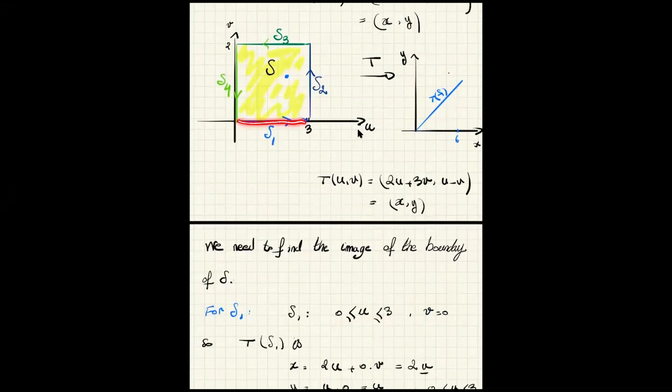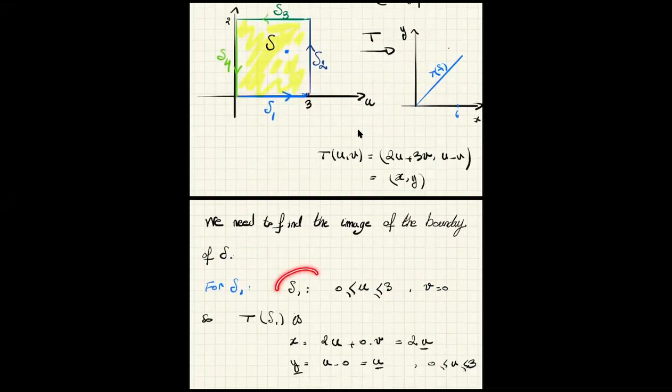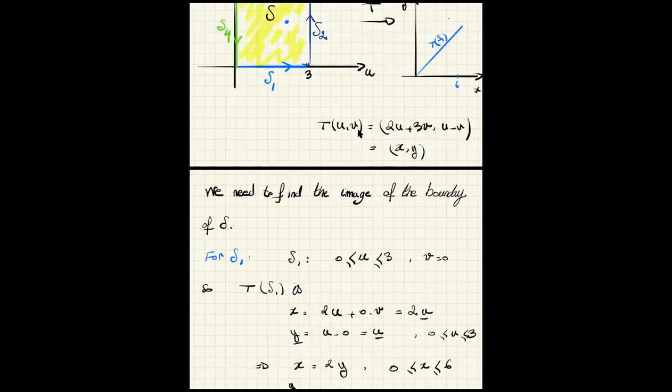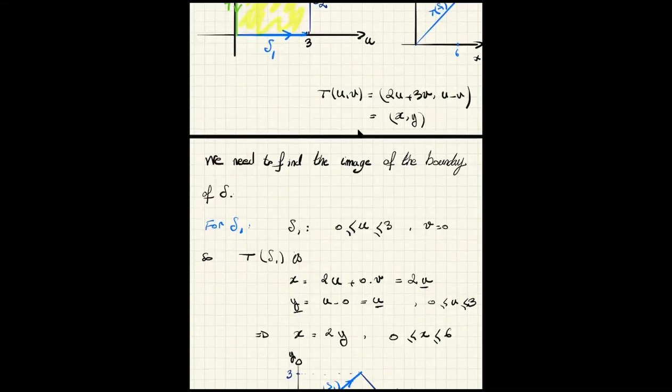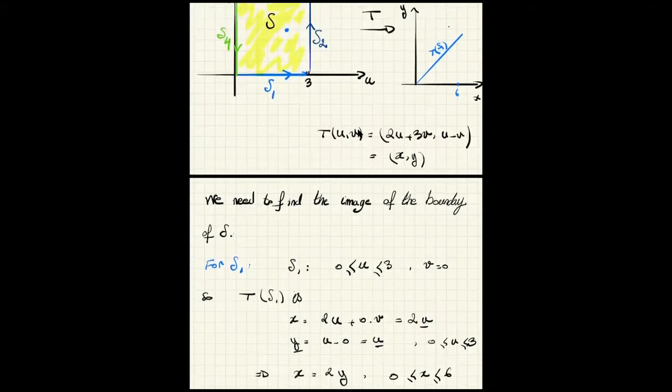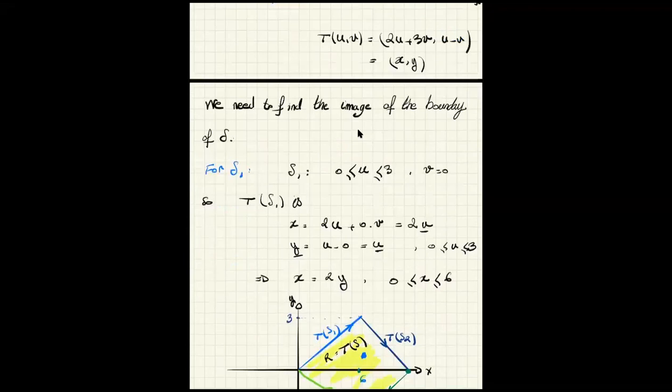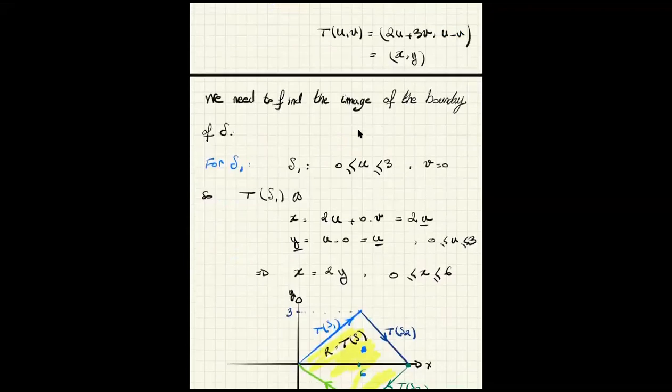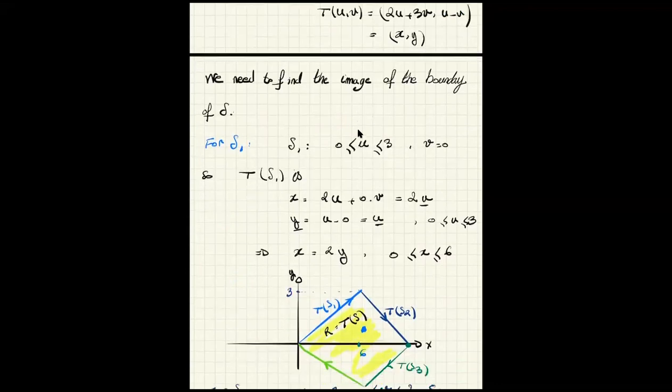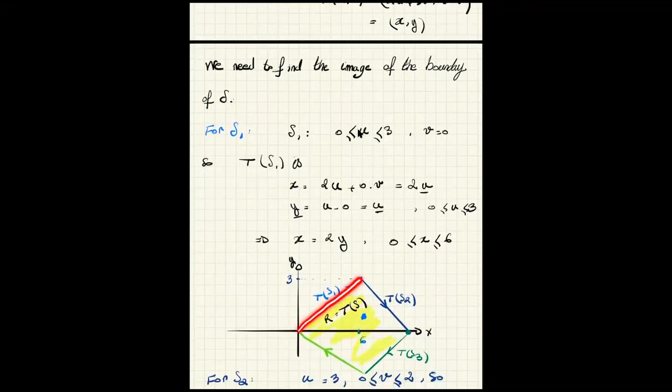When I apply T to this segment, by the formula, X is 2U and Y is U. These are parameterized by U. So I want to find what they look like on the XY plane, so I need to get rid of U. When I get rid of U, I conclude that X is equal to 2Y and X is between 0 and 6. And this is just a line that goes from 0 to 6 on the x-axis.